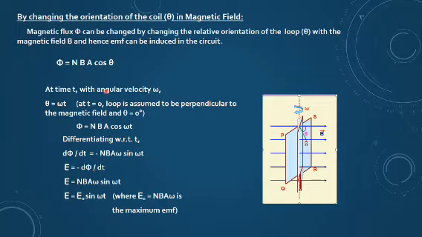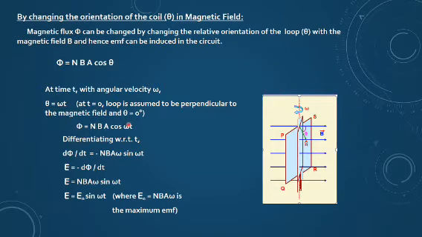Now if initially at time t, your coil is moving with angular velocity omega, then I can write this formula in terms of cos omega t also, because theta is given by omega t, if the coil is rotated along a circular path.